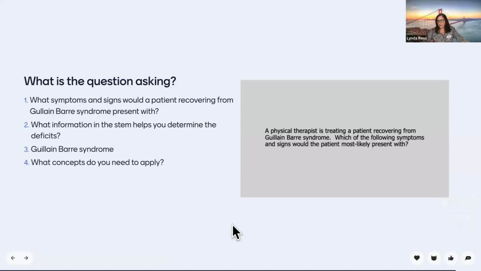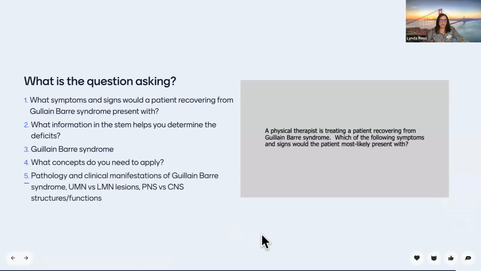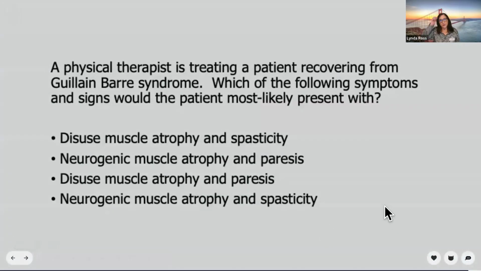It may sound redundant, but pathology and clinical manifestation of GBS. Also, upper motor neuron versus lower motor neuron, PNS versus CNS. That's right. Structures and functions. So the pathology underlying Guillain-Barré, you should be thinking about that.